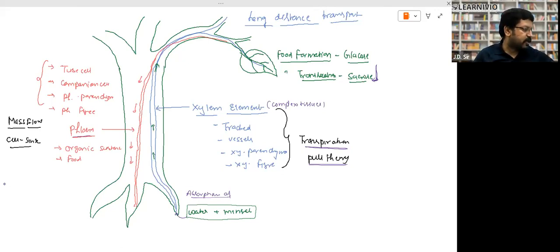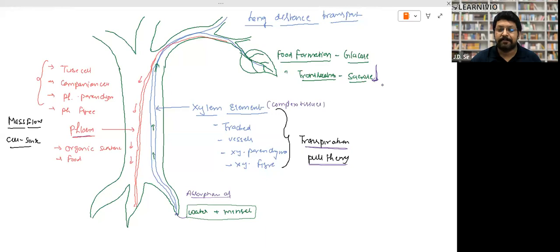Very good. Excellent. So, look, formation of food takes place in the form of glucose. Glucose is a monosaccharide, right? Now, the glucose is converted into sucrose. So formation of food takes place in the form of glucose, but translocation, meaning transport of the food, takes place as sucrose.